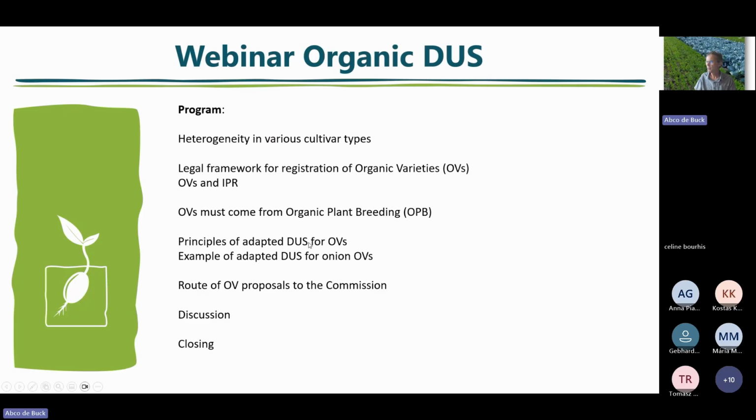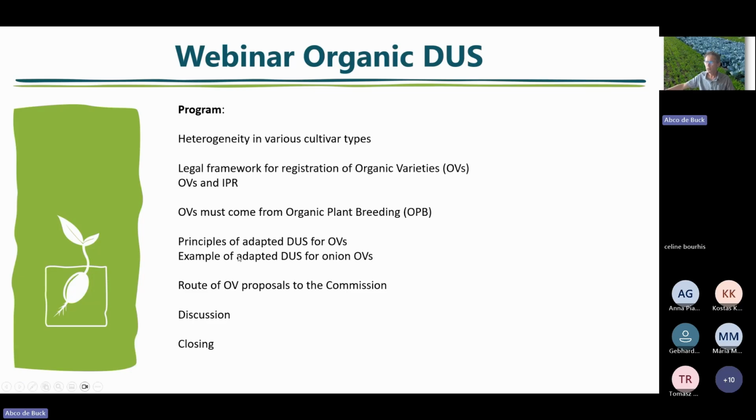The program for this afternoon until 3 o'clock will be: I will explain something about the heterogeneity in various cultivar types. I will tell something about the legal framework, also in connection with IPR, organic varieties and intellectual property rights. The fact that organic varieties must come from organic plant breeding, and just half a year ago we reached an agreement on the definition of organic plant breeding and why it is important that it comes from organic plant breeding.